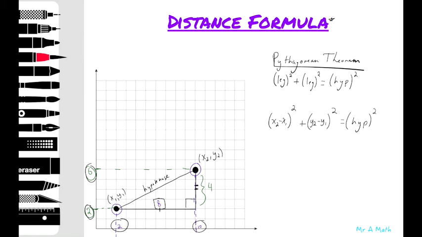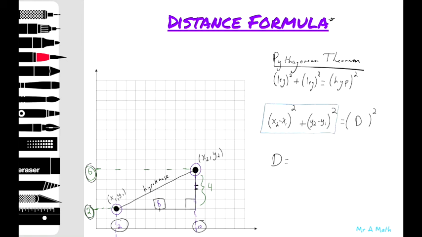And so instead of labeling it as the hypotenuse squared, I'm just going to label it as D for distance, because this is going to be the hypotenuse of this triangle, which is essentially the distance between these 2 points. So now that I know this, how do I know what the distance is between these 2 points? Well, if I know what distance squared is, we'd say distance squared is this equation right here.